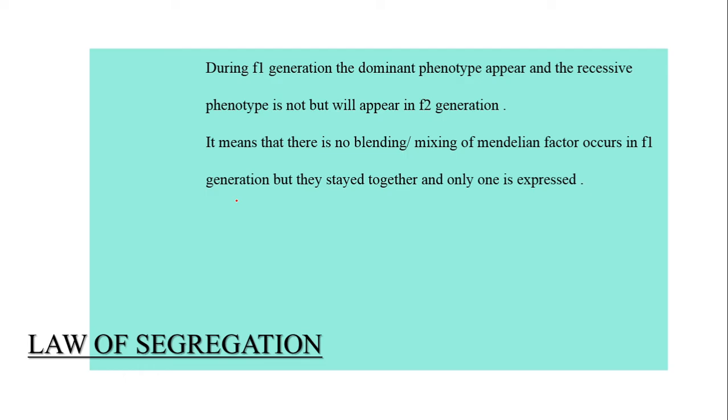Now if we take an example, homozygous tall, that is capital T capital T, and another one is heterozygous tall, that is capital T small t. From the first we get the same gamete, that is capital T and capital T, which also shows its purity. It means it is pure. But from the second we get one dominant T, that is capital T, and another one recessive t, that is small t.